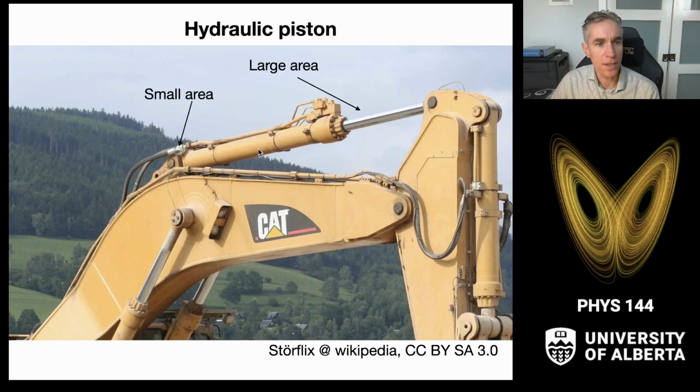So this is a piece of construction equipment. It's an excavator. And if you look at those excavators, they often have these long, complicated arms that are controlled by a piston here. This yellow object right here is filled with a fluid, and it has a pump that goes down to the engine that pumps fluid into it.